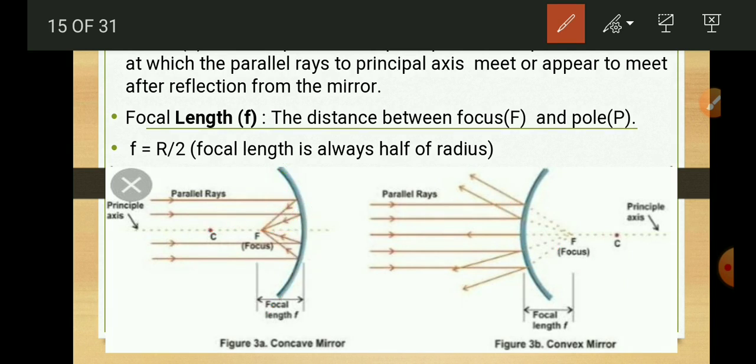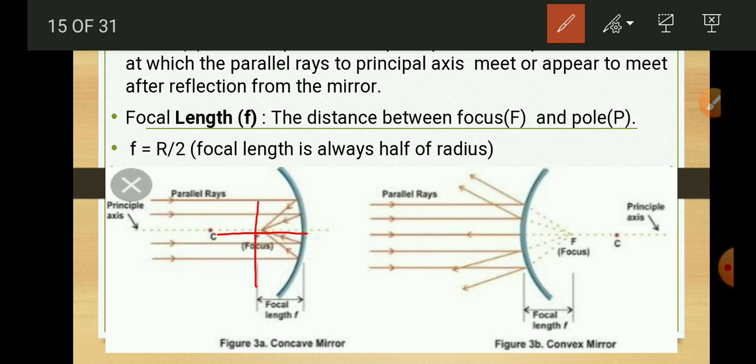The relation between focal length and radius of curvature is f equals r upon 2. Focal length is always half of the radius. So this is the radius of the concave mirror, and the focal length is exactly half of the radius.